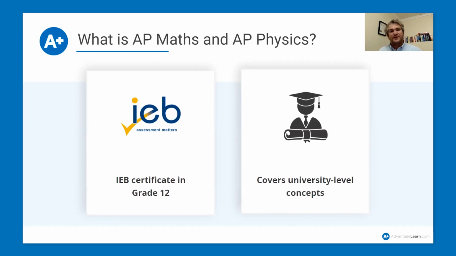What they cover is university level concepts at a high school level. Advanced program maths, for instance, largely covers first semester, first year university mathematical concepts over a 3-year program from grades 10 to 12. A similar thing can be said for advanced program physics.